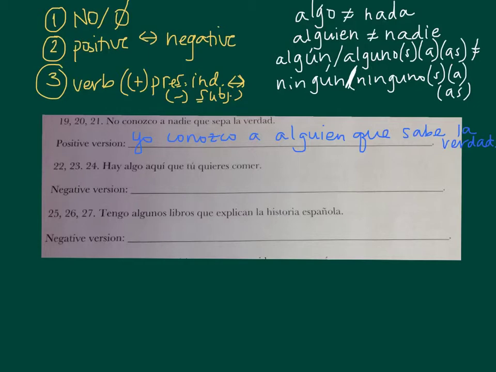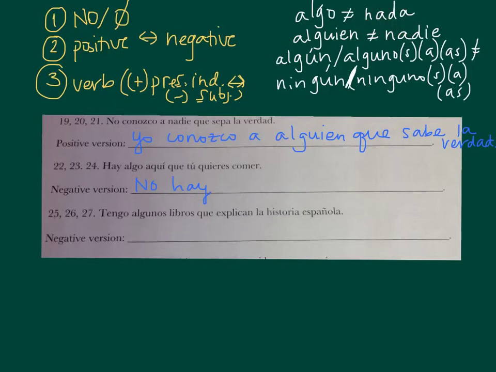The next one is a positive sentence, and I'm going to make it negative. Hay algo aquí que tú quieres comer. There's something here that you want to eat, and I want to change it to there's nothing here that you want to eat. So the first thing that I'm going to do in order to make it negative is add a no. No hay. And then I'm going to say, what is my opposite of algo? I look over here and there it is, it's nada.